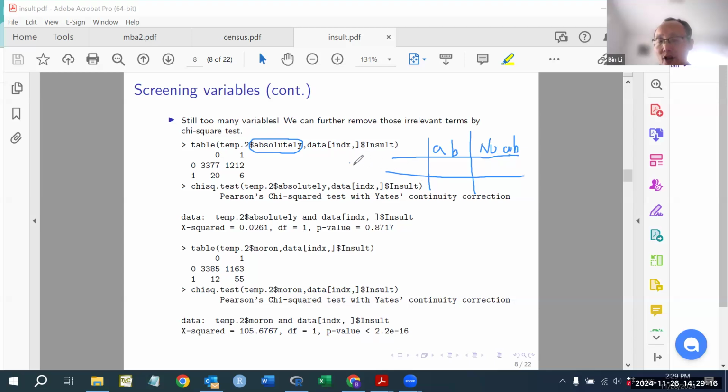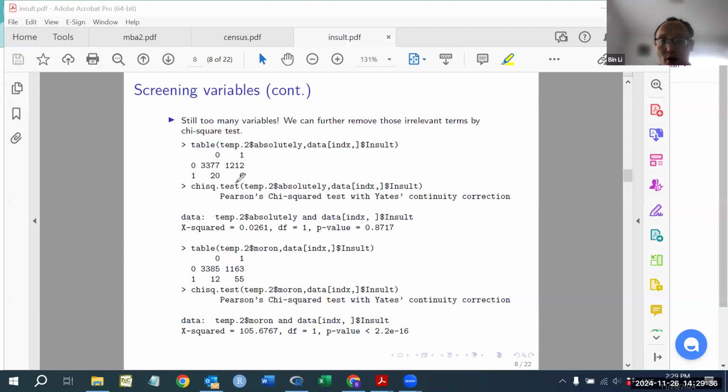And then we show the insulting status. This one is insulting, and this one is neutral. Then we have a table, and you can see the tables shown here.